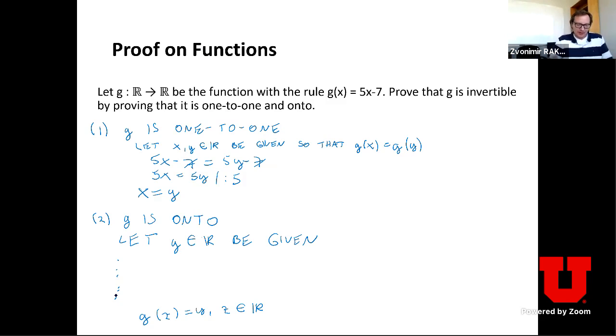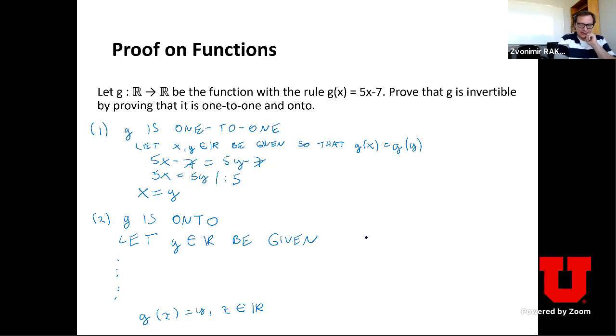So we are given some y in the codomain, and we have to show that for this y, there is a z in the domain such that g of z is equal to y, where z is an element of R. And so how do we pick this z? Usually you can derive z from the rule. The rule says that g of x is equal to 5x minus 7.